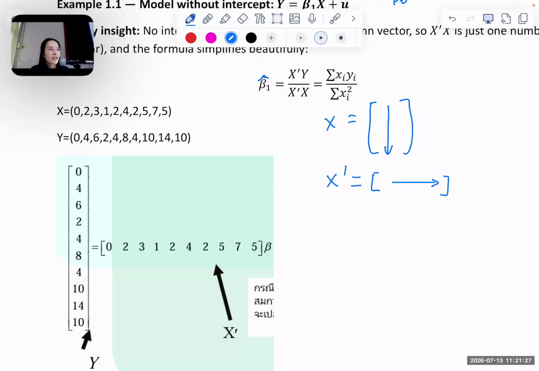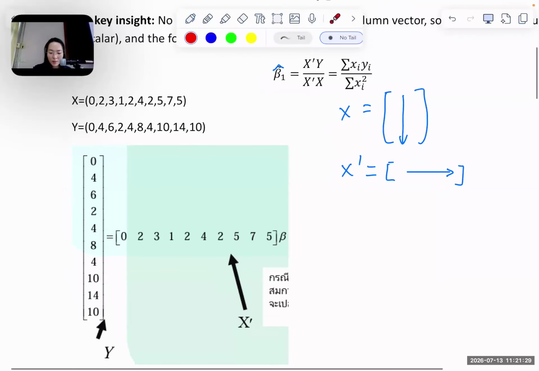Clear about X transpose? So this is our X, and then I have the X transpose in a row, and y is in a column. Okay, so next one.